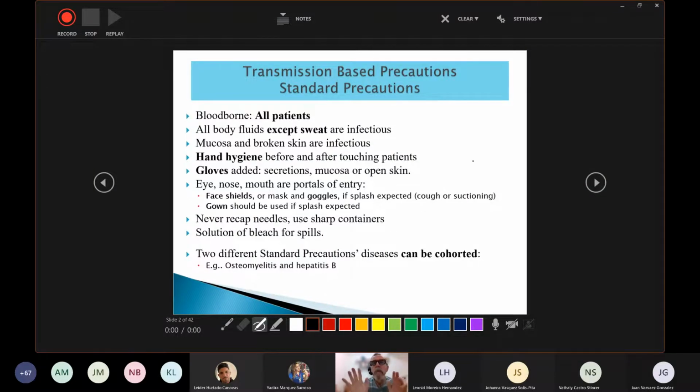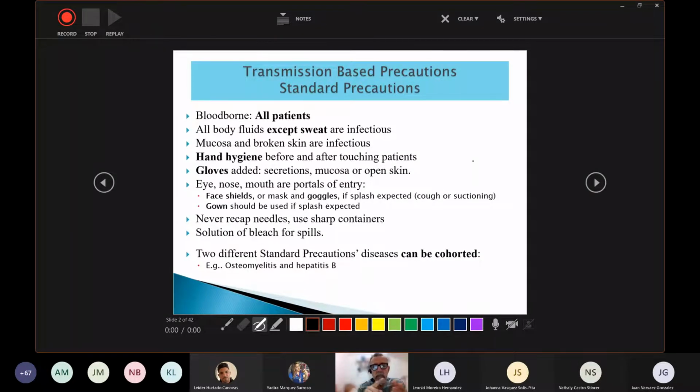Okay, so I'm going to repeat again, so it's very solid for everybody. Remember, I need to give a message for everybody. When the client is only on standard precaution, and the majority of diseases are only standard precaution, you don't wear gloves if you're touching intact skin, like to check the pulse or the blood pressure.